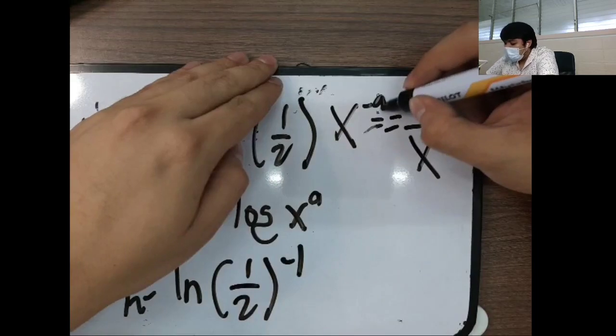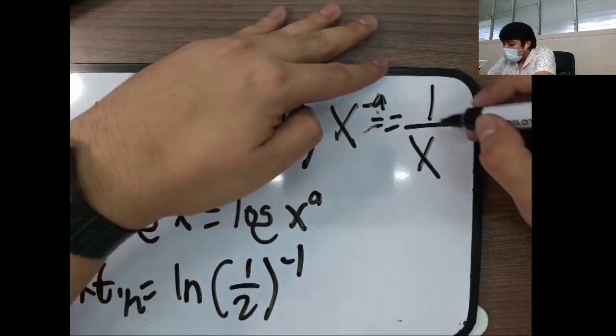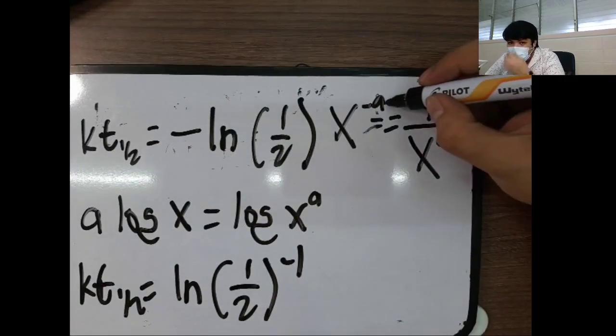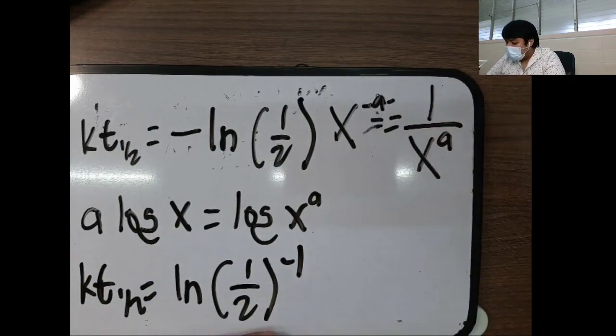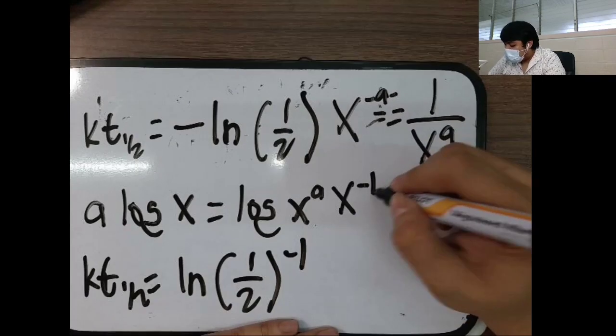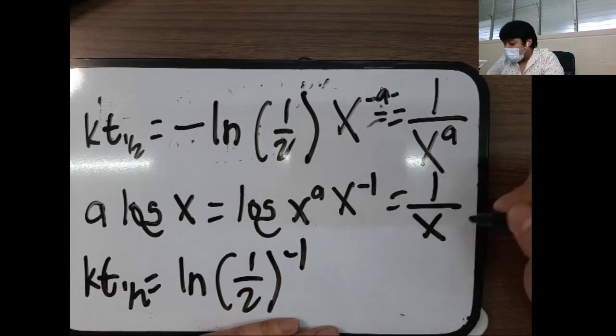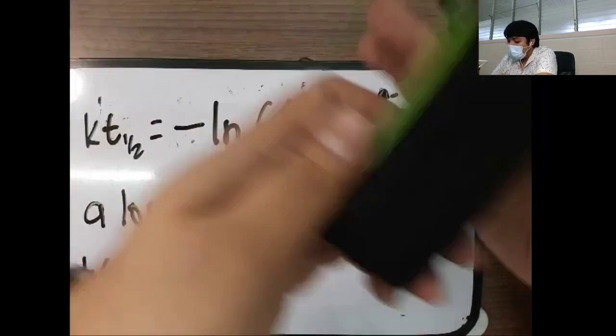Raised to the negative value is equal to the reciprocal of the value raised to the positive equivalent of this negative value. So, for example, if x is raised to -1, it is equal to 1 over x raised to the power of 1, or simply 1 over x.